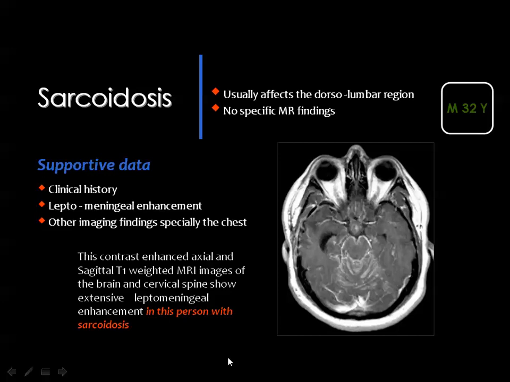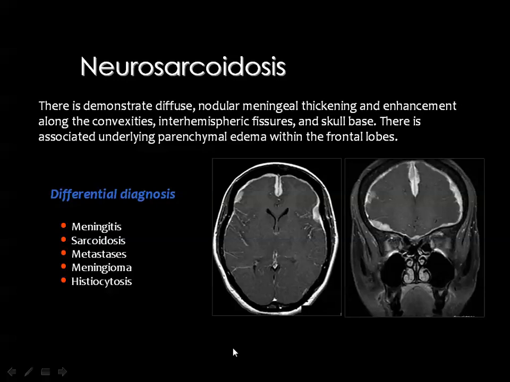And leptomeningeal enhancement has a long list of differential diagnoses. Also, pachymeningitis, like this one, thickening and enhancement of the meninges, may be due to meningitis, sarcoid, leptomeningeal metastasis, diffuse meningioma, or histiocytosis.